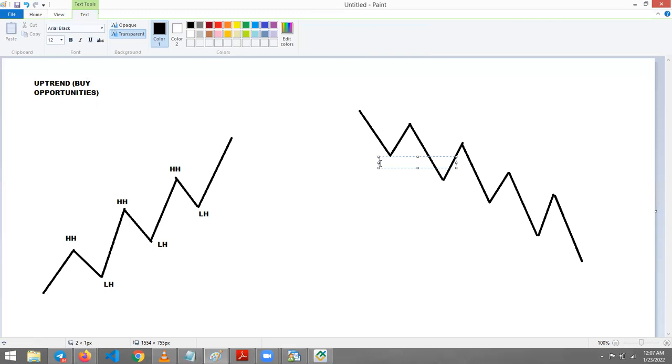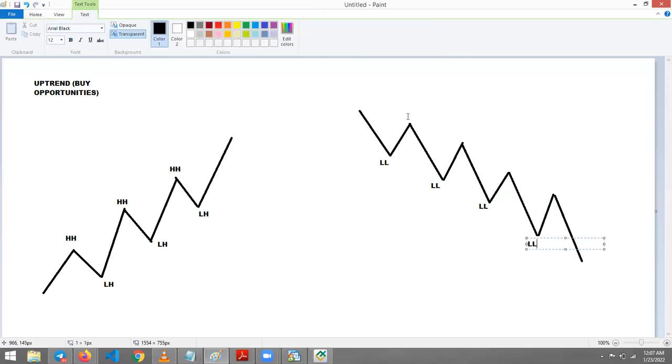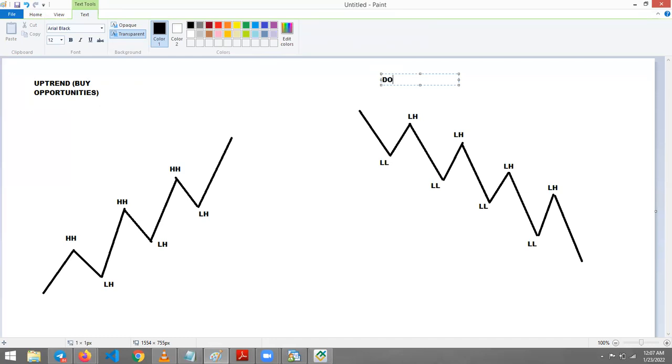Price will form lower lows, and then it will form what we call lower highs. This is just the foundation. So now this is what we call the downtrend, and you look out for sell opportunities.